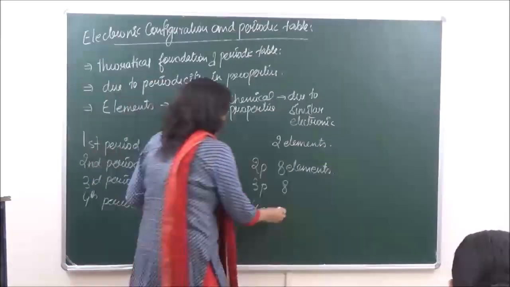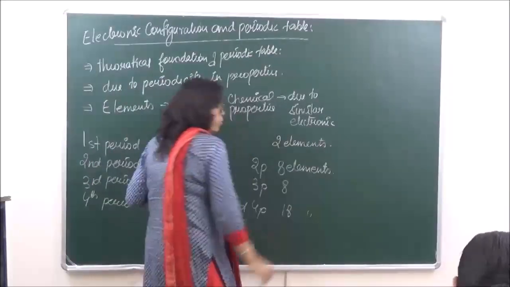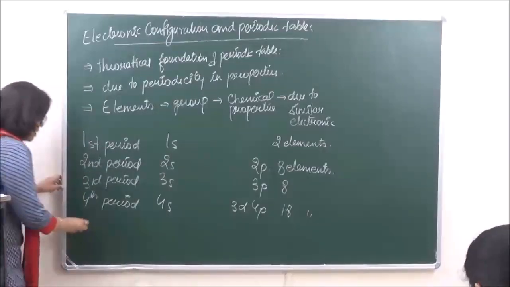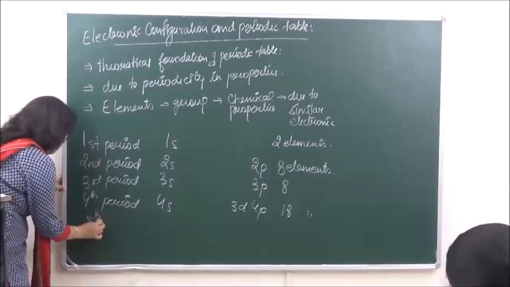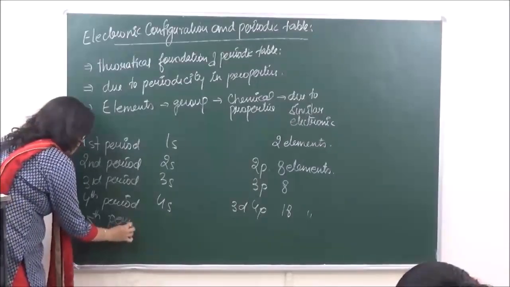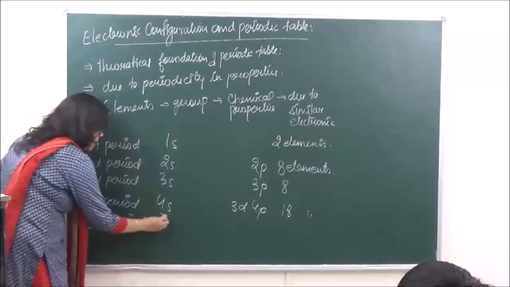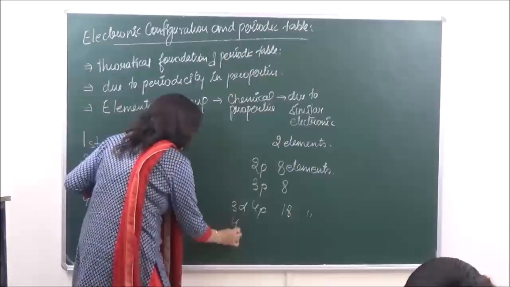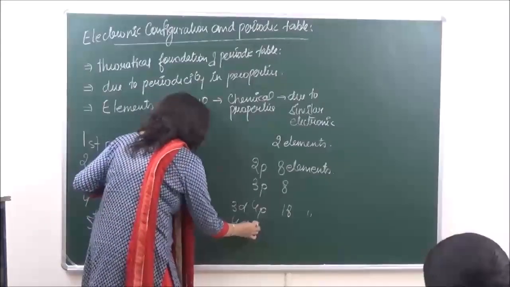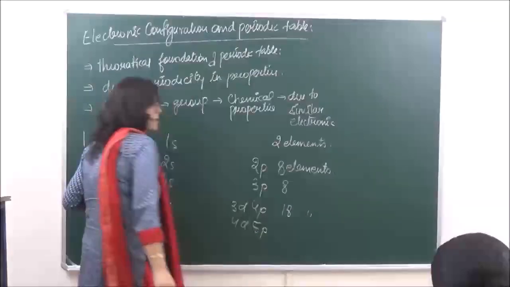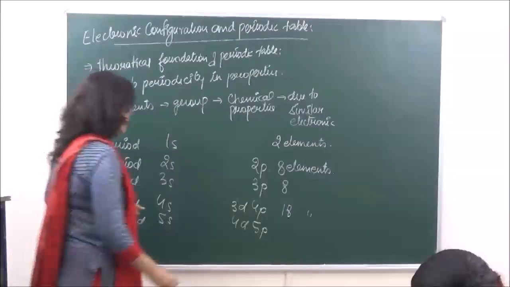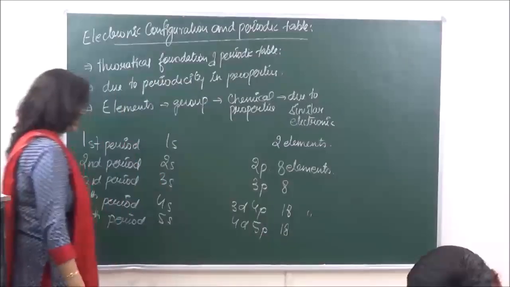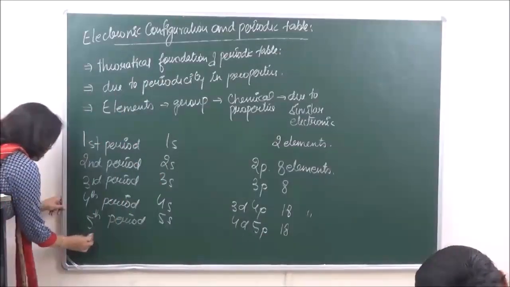So the number of elements is going to be 18. ठीक है? Then after that we have the fifth period. Fifth period we will fill up 5s, we will fill up 4d, and we will fill up 5p. Right? So again, how many elements are going to be present? 18.